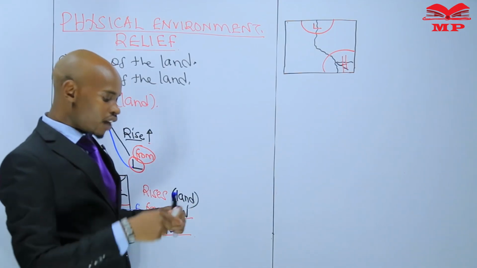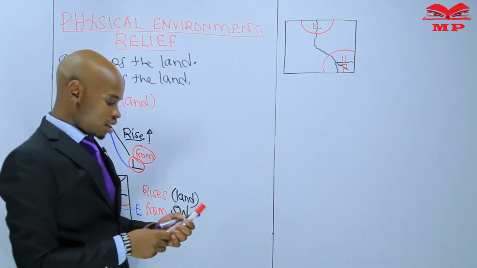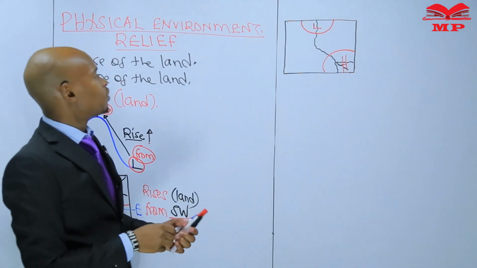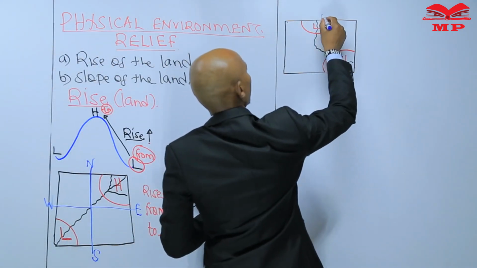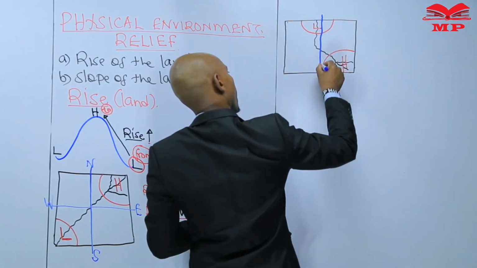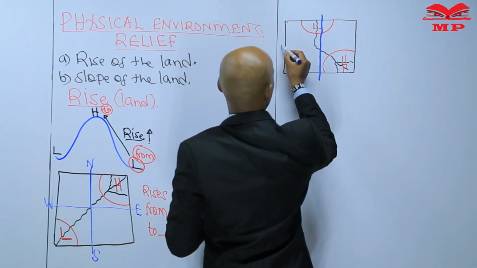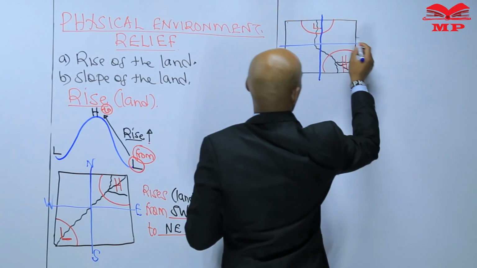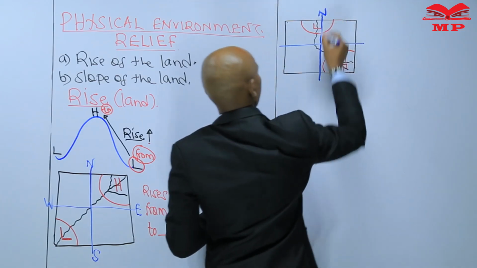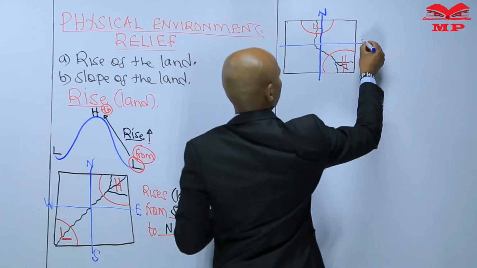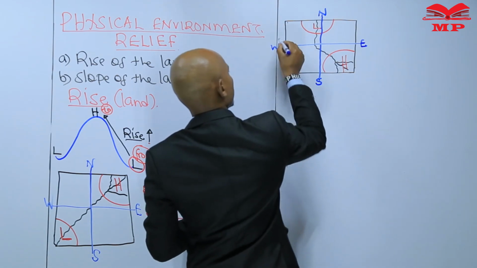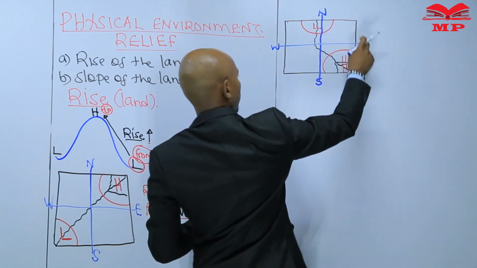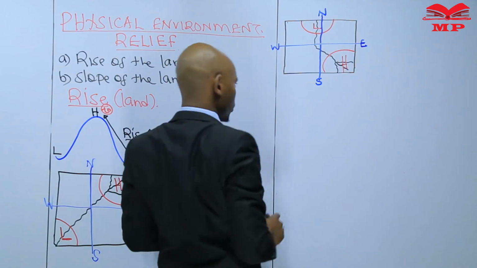Then, after identifying the highland and the lowland with the help of a river, our cardinal points will always come handy and give us the correct direction. That is, never eat sukuma wiki. North, east, south, west.